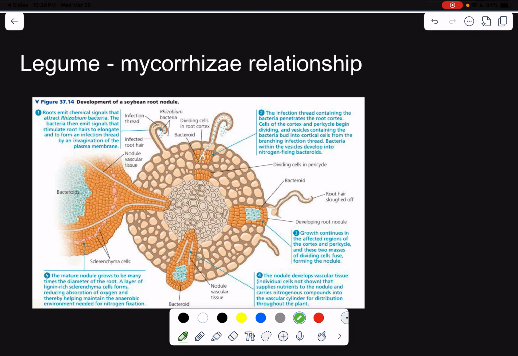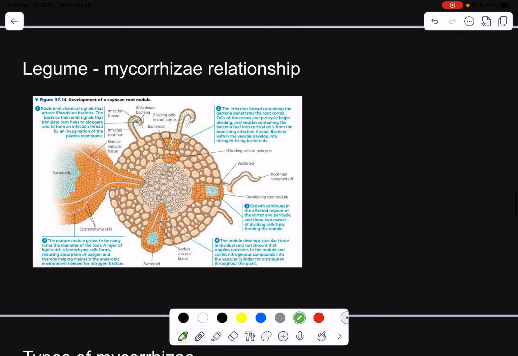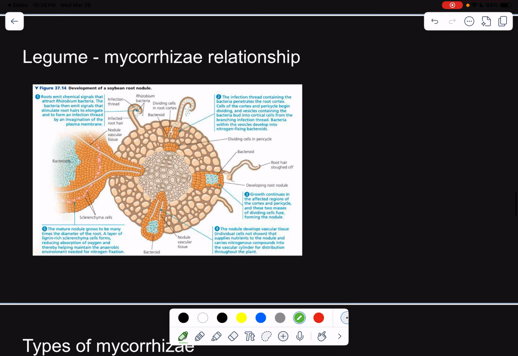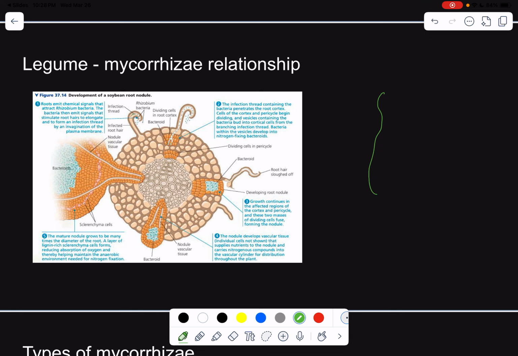The relationship between rhizobium, these specific special bacteria, and legume roots involves dramatic changes in root structure. Along the legume's roots are swellings called nodules. So they look something like this. You're going to see that they have these really obvious globules, or globs, within the roots.